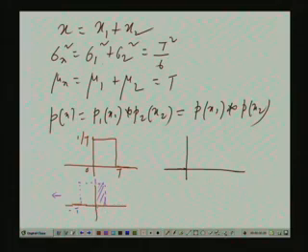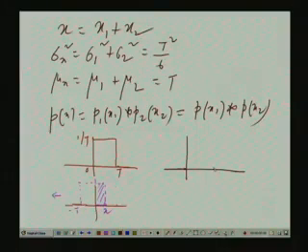So, what is the area of this? If you have advanced by this much x, then how much is the area? X into 1 by t. As x increases and goes up to this capital T, the area increases. So it is a linear function with slope 1 by t, till x takes the value t.